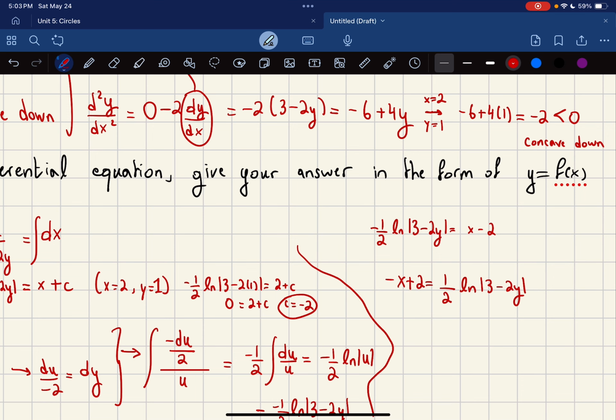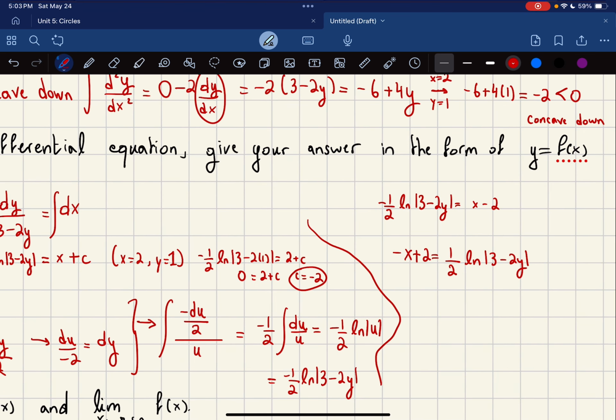Now, in order for me to remove the half over here, I'm going to multiply both sides by 2. So this is going to be minus 2x plus 4, and the 2 and 2 are going to cancel each other out, so it's going to be ln 3 minus 2y.